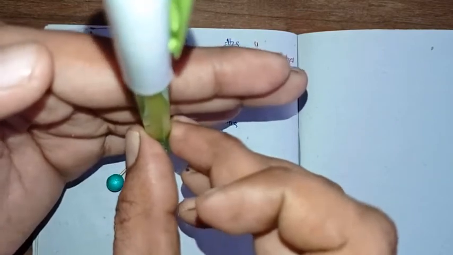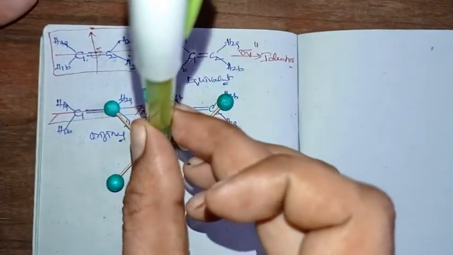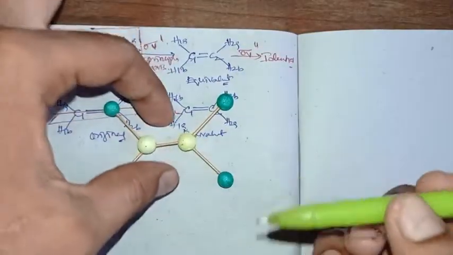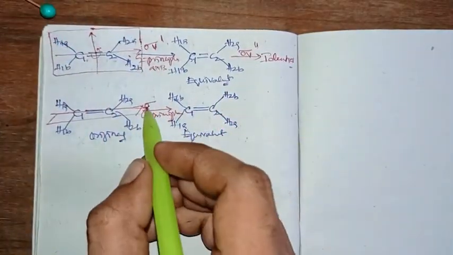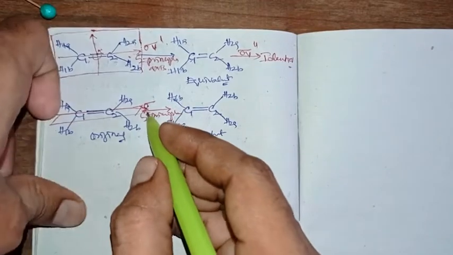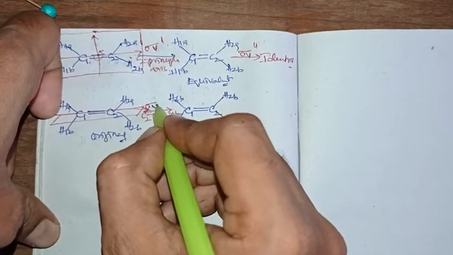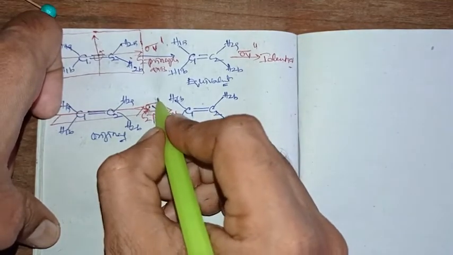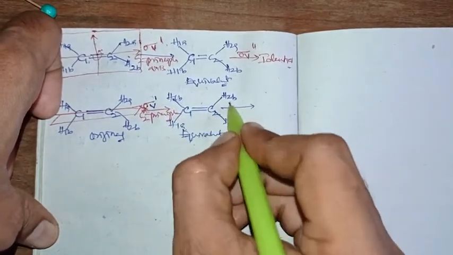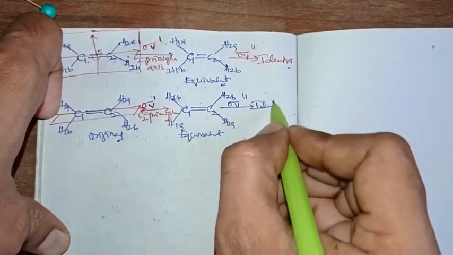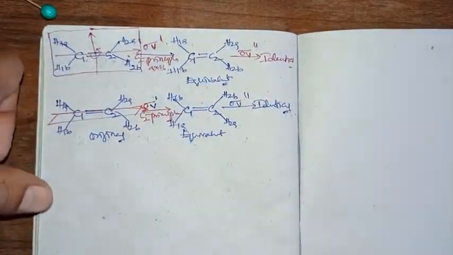Have you observed here? One of the secondary axes is this, and the plane is like this, right? So this particular vertical plane also passes through another secondary two-fold rotational axis. So it will be a vertical plane only, not a dihedral. Thus, the same plane when we do it a second time generates an identical configuration.